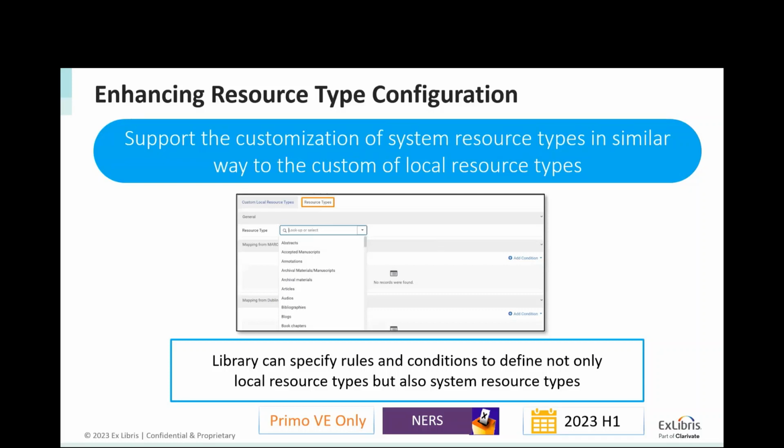So we will give you more flexibility to determine the resource type without overriding the system resource type rules, by giving prioritization to your customization, to your rules and conditions. So this is the way that we plan to do it. We will add not only a custom local resource type, but also an option for you to add the rule and condition for that.